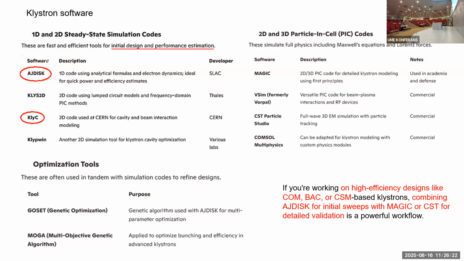These two are okay for you. Do we have free software showing such a device? AJ Disk and license-free Magic 2, this one and this one. It's free, you can download it.